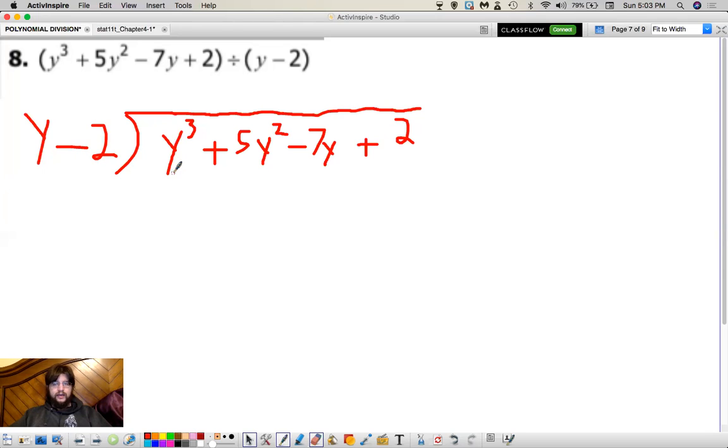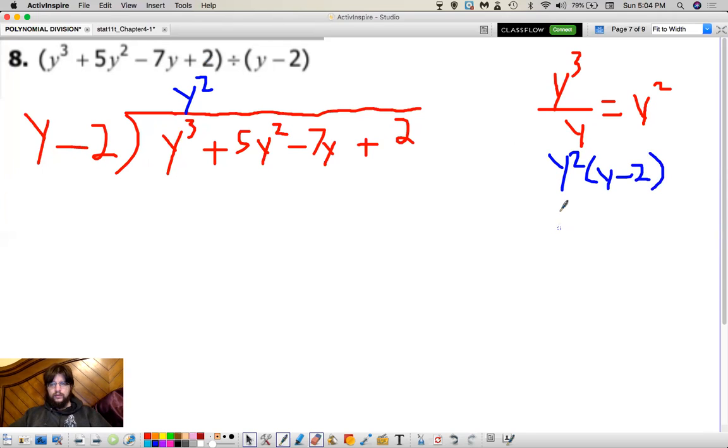So first step, divide. y cubed over y, that's y squared. Multiply. Distribute. That's what's going to be subtracted.